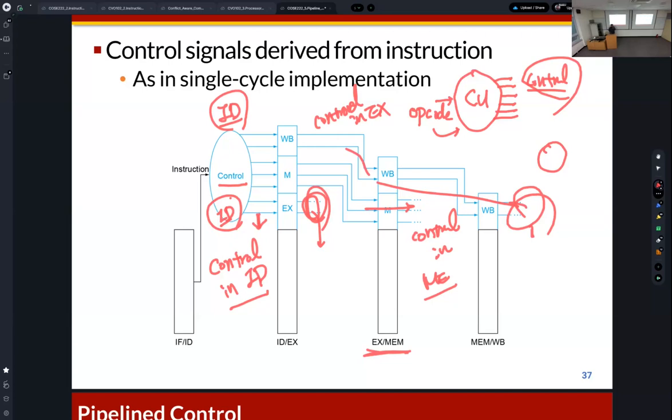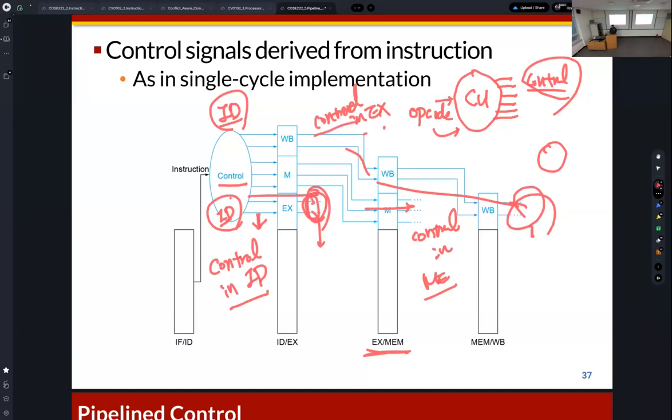Do you understand? If certain data or certain signals are used in a certain stage, then we need to have the signals in the correct stage. For example, if the control signal is used in the EX stage, then we need the control signals in EX.